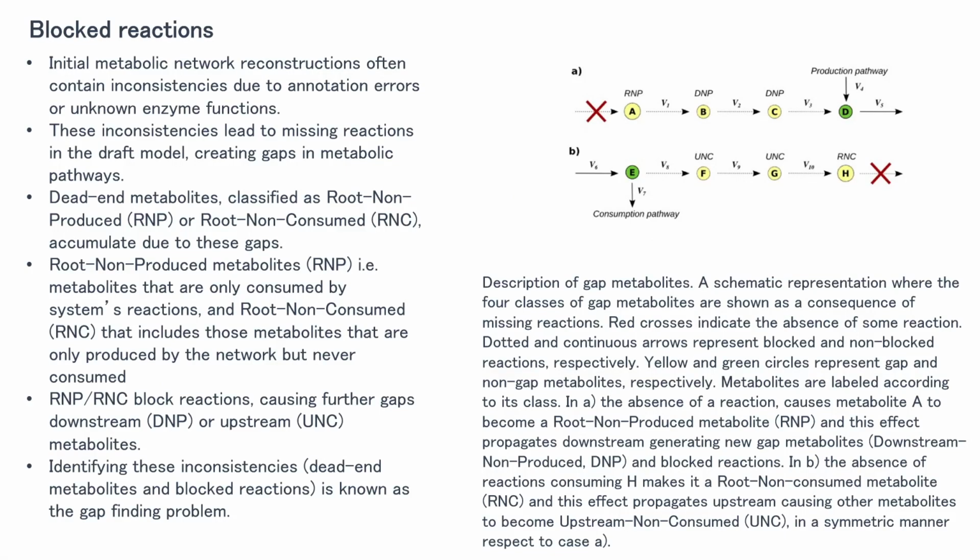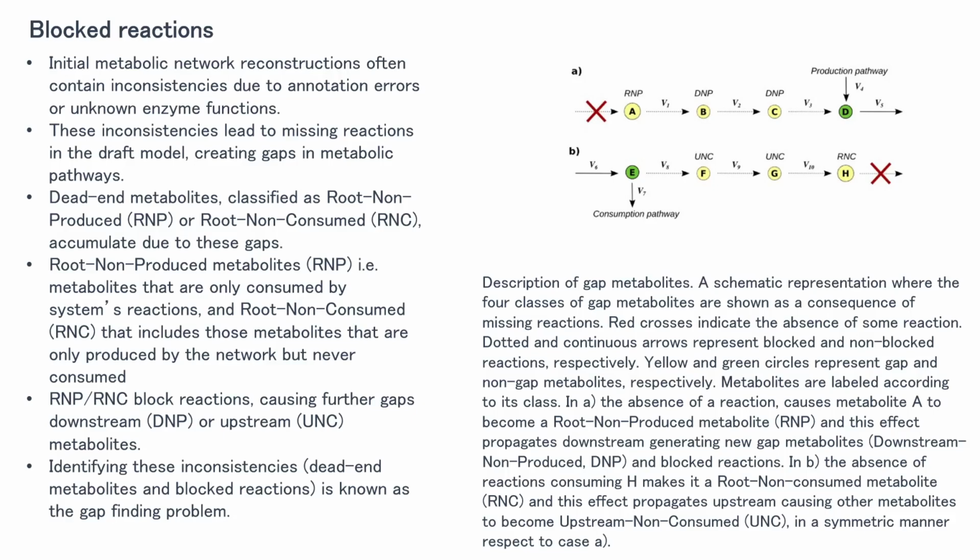So next comes the concept of block reaction. So what is block reaction? Initial metabolic network reconstructions often contain inconsistencies due to annotation errors or unknown enzyme functions. These inconsistencies lead to missing reactions in the draft model, creating gaps in the metabolic pathways. Dead-end metabolites are classified into two, as I said, root non-produced and root non-consumed.